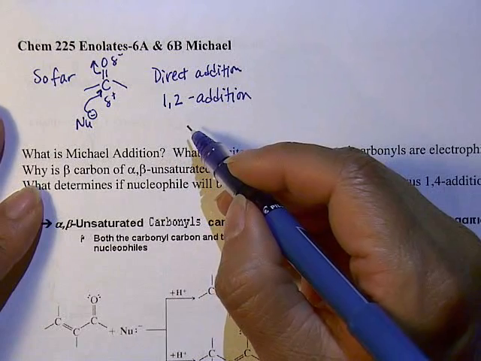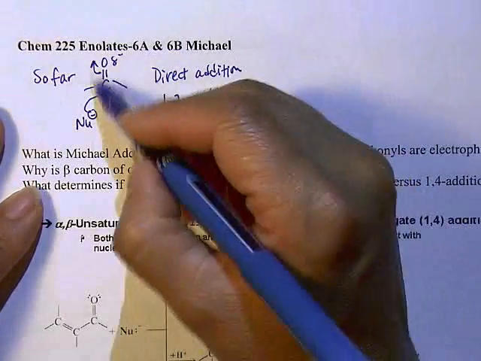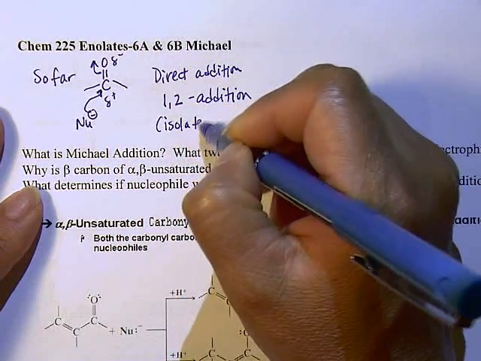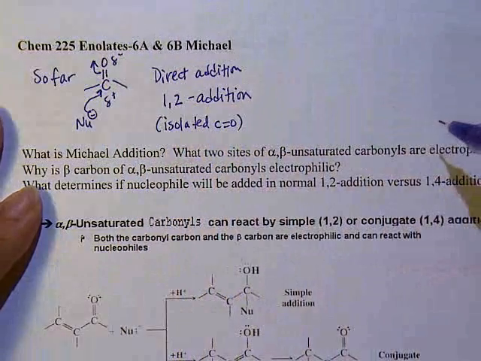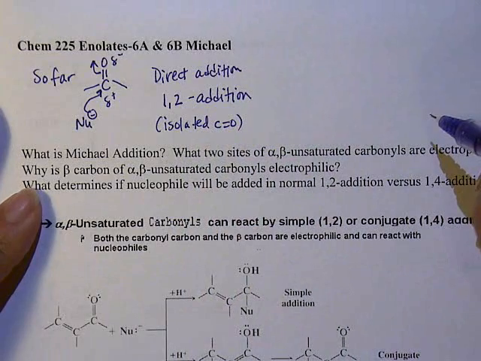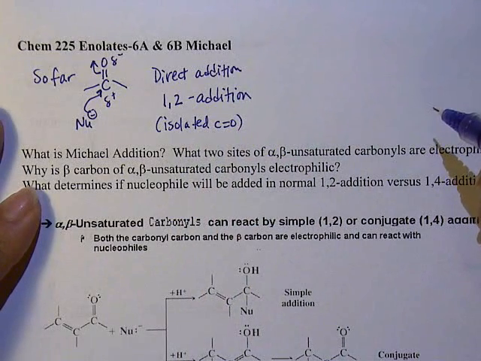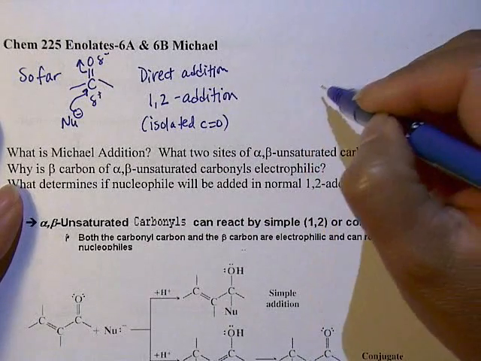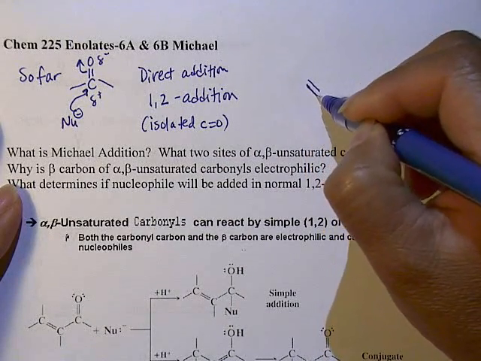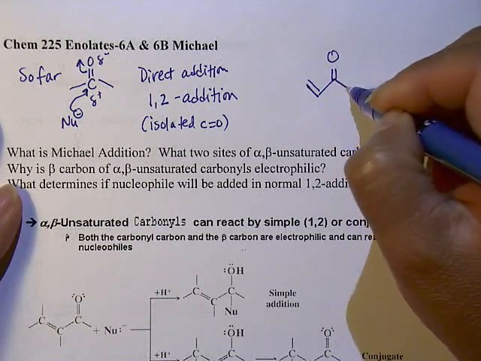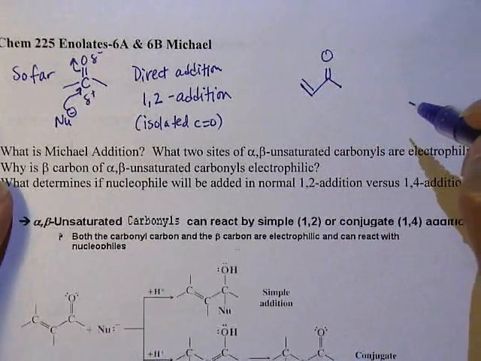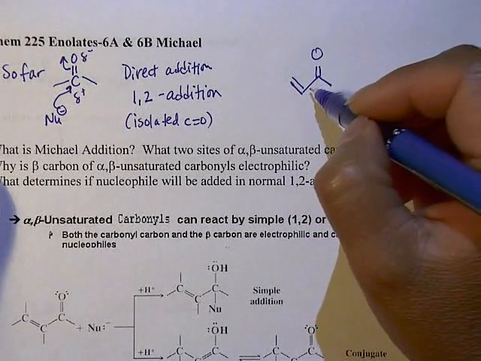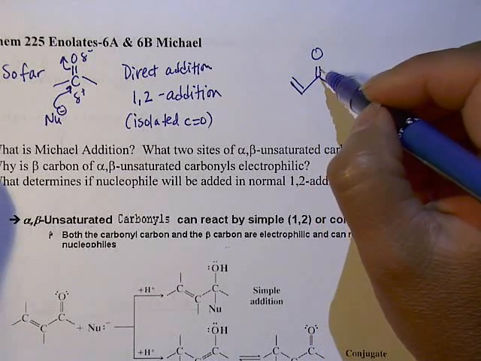So this is an isolated C=O. In other words, the carbonyl is not part of a conjugated system. Now what we're going to look at in this lecture is not an isolated carbonyl but a conjugated carbonyl like this, in which we have an alpha-beta unsaturated ketone connected to the C=O.